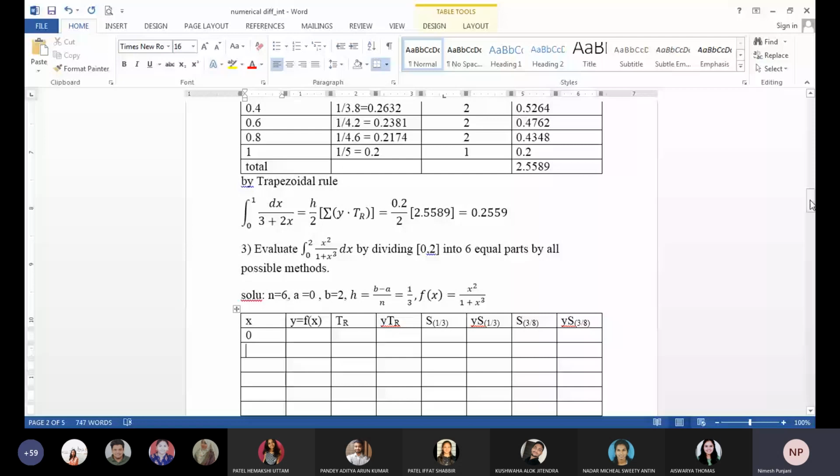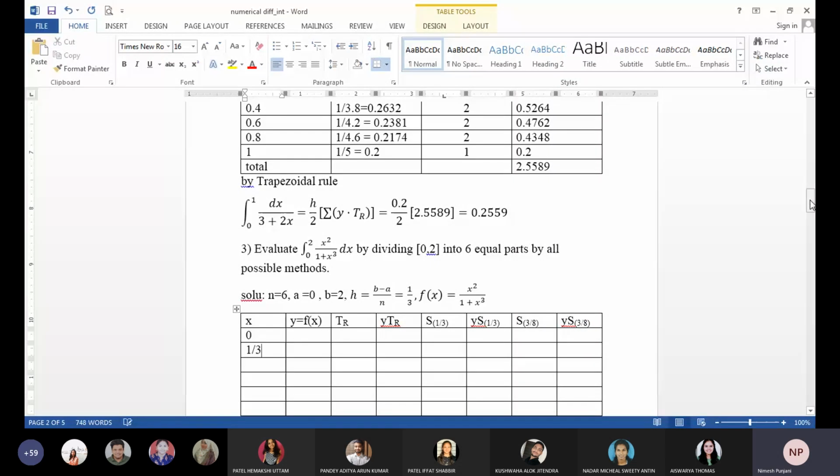So my first value of x is 0. What will be the second value of x? Now tell the values of x in fractions itself, no need to write them in decimals. What is the second value of x? 1/3.